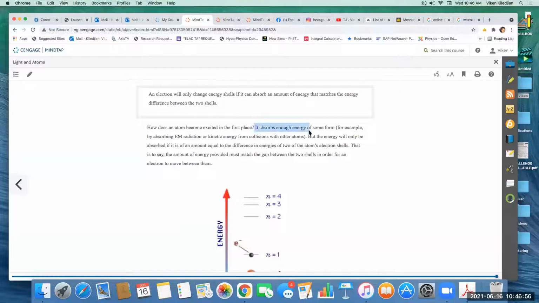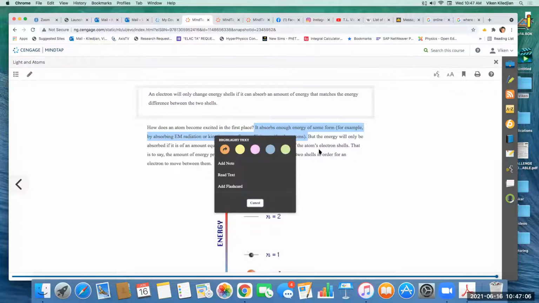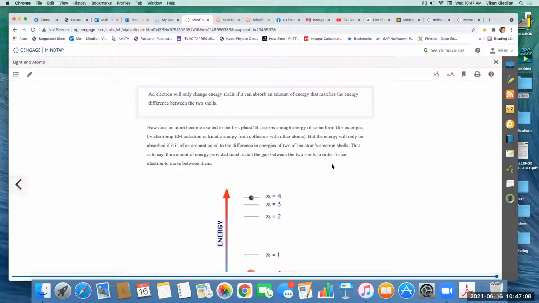It absorbs enough energy of some sort. For example, by absorbing electromagnetic radiation or kinetic energy from collisions with other atoms. So that's kind of interesting. That's how the electrons get excited in the first place, because they absorb energy either by collisions or by absorbing some electromagnetic radiation.